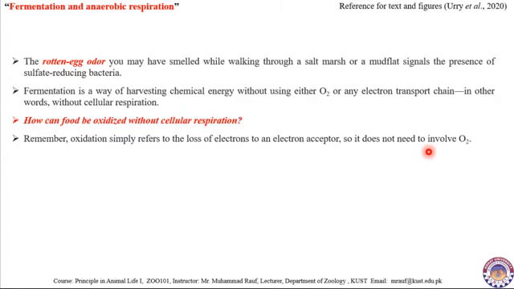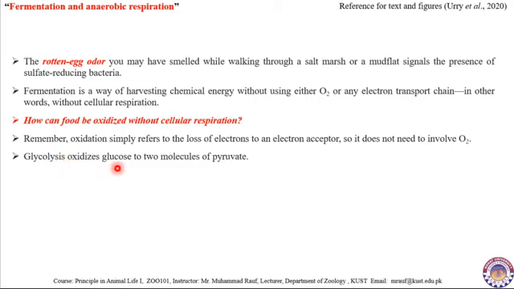Cellular respiration is a process in which food is oxidized and energy is released. Here the term oxidation is not used because the process is oxygen dependent, but because the loss of electrons is involved, so it is referred to as oxidation, and therefore it can take place even without the presence of oxygen.